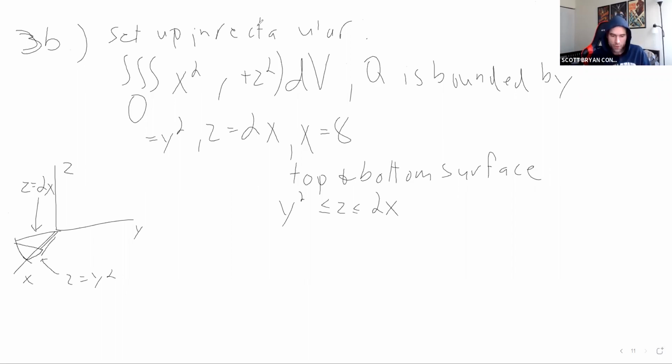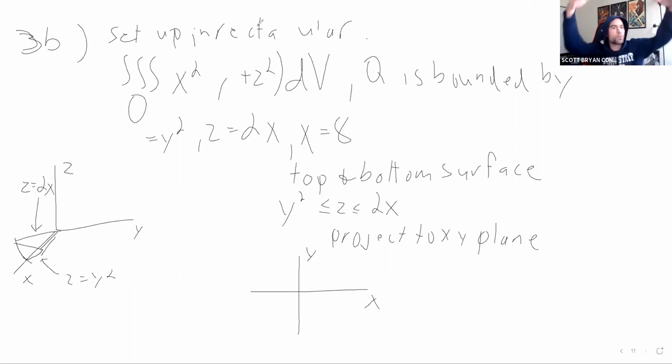Okay, so then we're going to project this down to the xy plane. What we're going to do is look at the shadow of this on there. So we're going to find the outer curve enclosing the region in the xy plane. That's the projection when we smash this down on the xy plane.